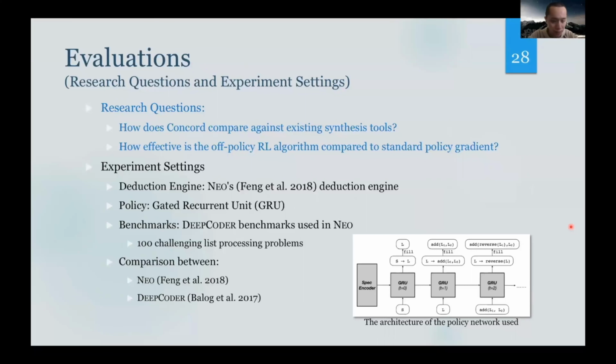For benchmarks, we use the benchmarks from Neo, which contain 100 challenging list processing problems. We compare against Neo and DeepCoder, where Neo is the state-of-the-art synthesizer using deductive approaches, and DeepCoder is an approach that uses pure statistical reasoning.